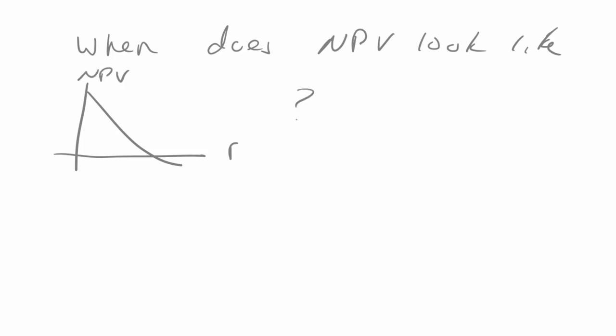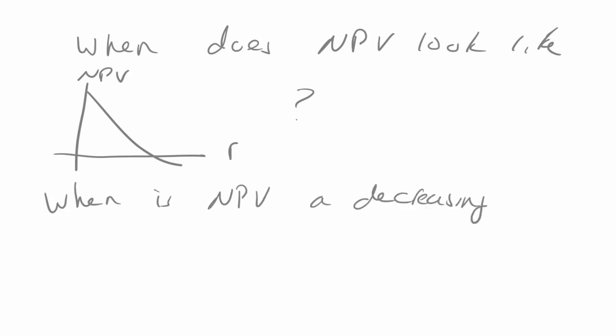Namely, what we're really using here is that NPV is a decreasing function of R. Well, this is true if you have a project where first you invest money and then you get money out.